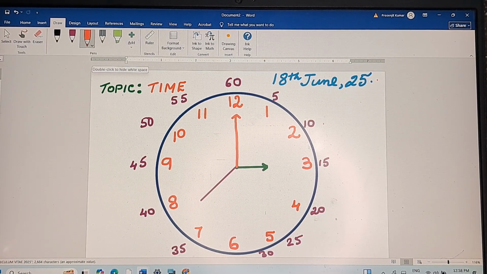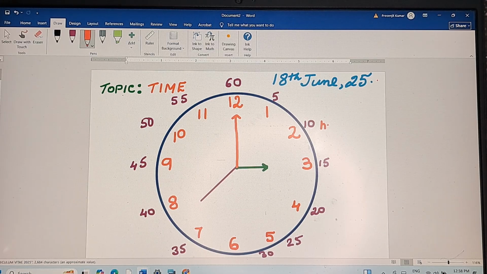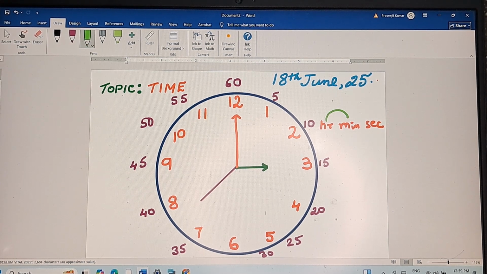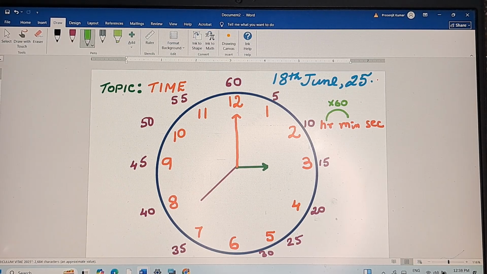So 1 hour, then minute and second. When we move from hour to minute, it is multiplied by 60, and when we move from minute to second, again multiply by 60.